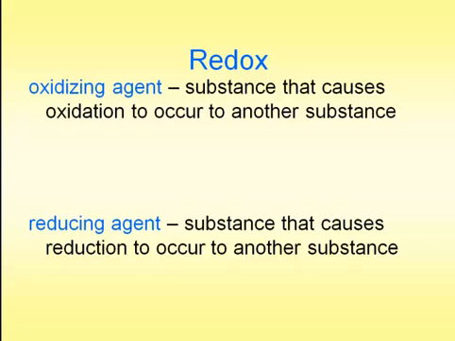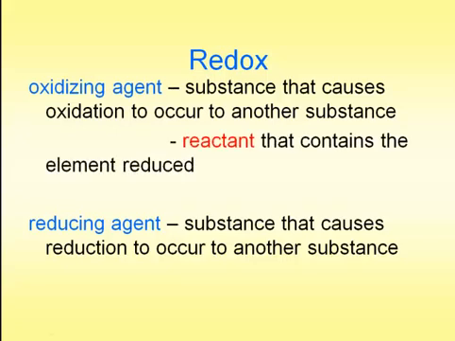Remember that the oxidation and reduction processes always go together. Something is oxidized because something else is reduced, and vice versa. The oxidizing agent causes something to be oxidized by going through reduction itself. This substance gets reduced, and it causes something else to be oxidized.